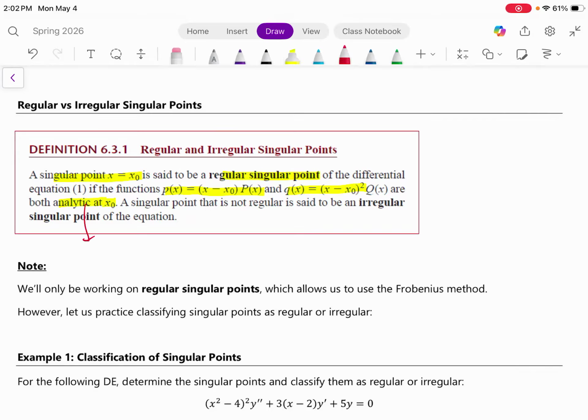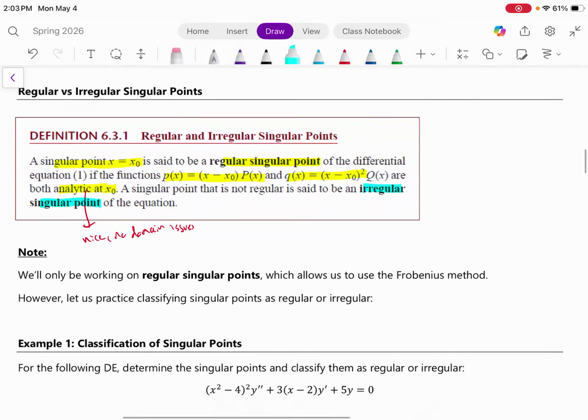Analytic, remember, is just a fancy word for being nice, no domain issues. So a singular point is regular if there's no domain issues for these little p of x and little q of x, all right? And a singular point is not regular, meaning irregular, if it doesn't meet these criteria.